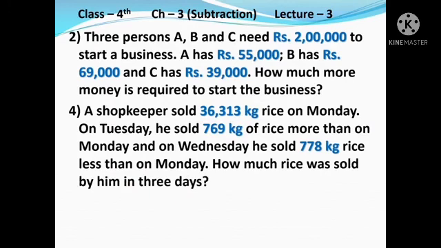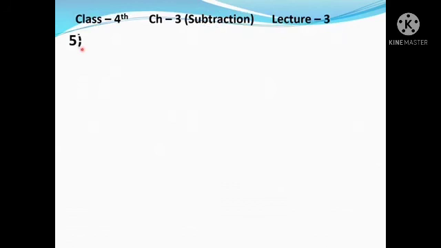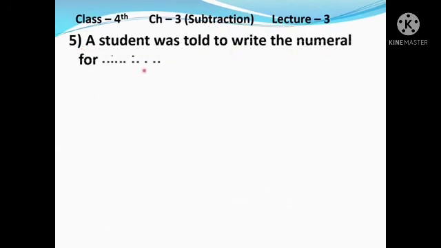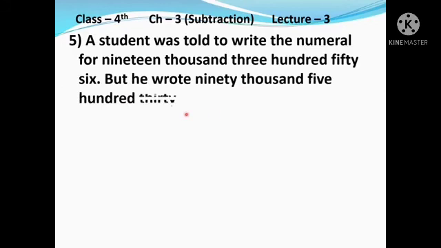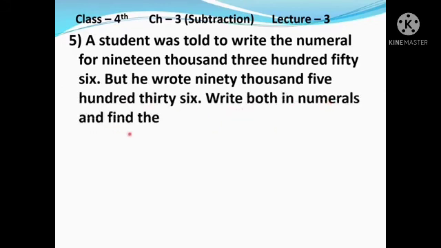Clear? Now, question 5. A student was told to write the numeral for 19,356, but he wrote 90,536. Write both in numerals and find the difference between them. Okay, these are the questions assigned as homework.